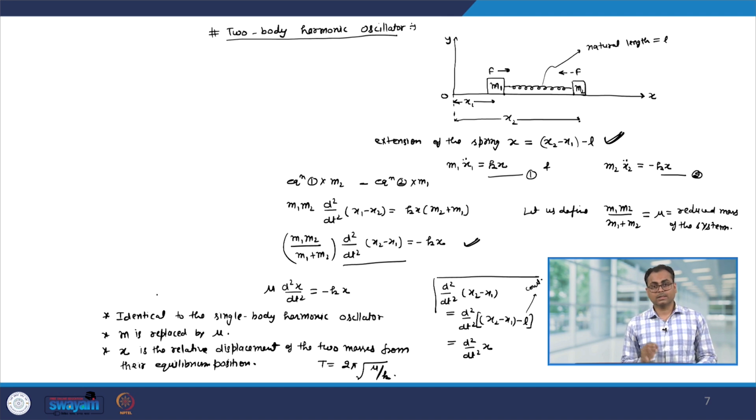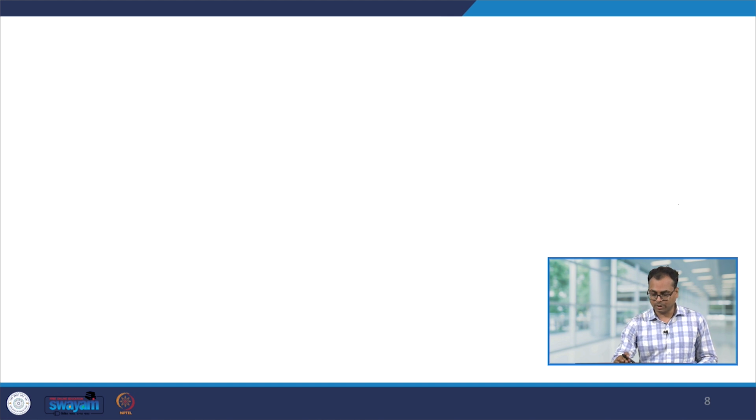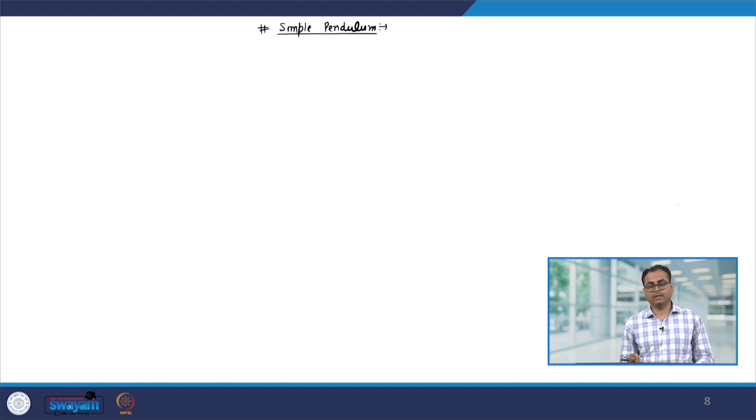Now, let us discuss simple pendulum, which is also an example of simple harmonic motion. So, in simple pendulum you have a heavy mass, point like mass, which is suspended with a string, and then the motion is set up by displacing it slightly. Okay.